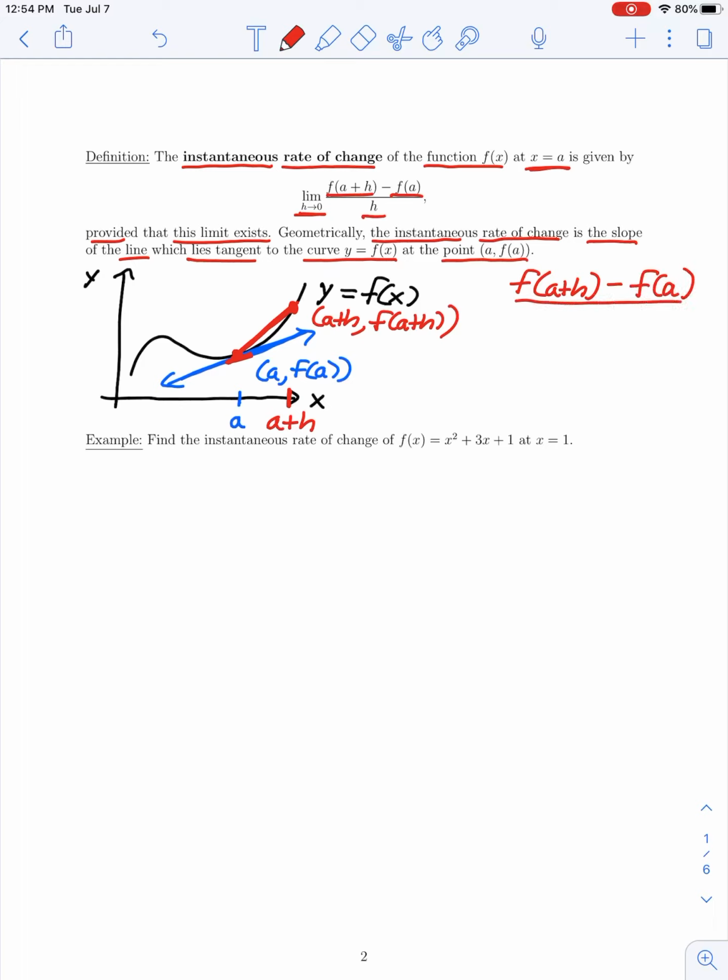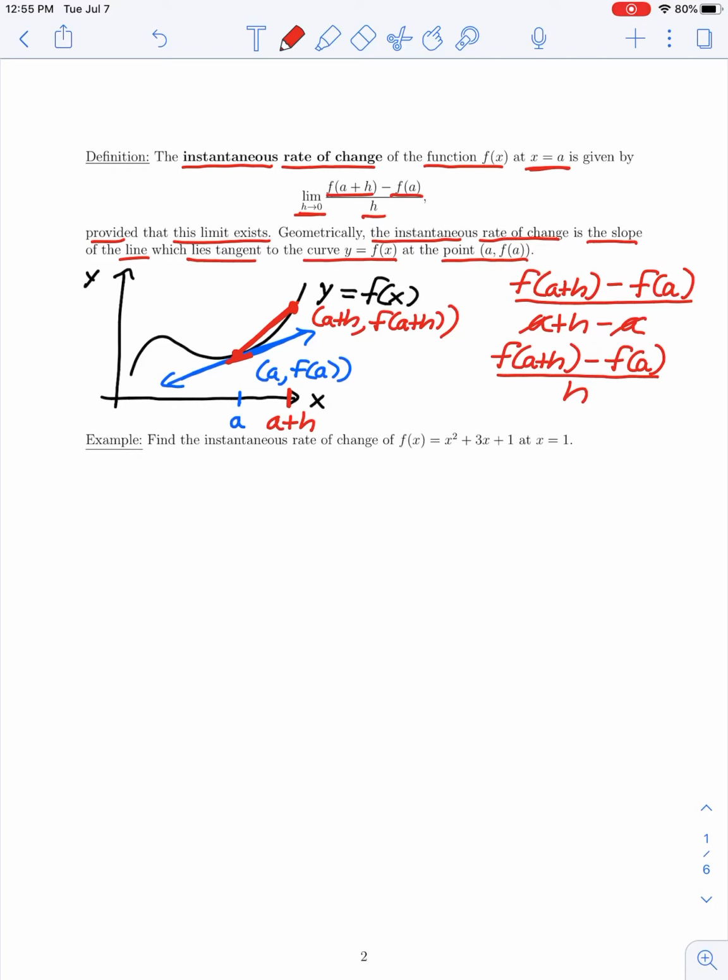And then we divide by the difference in our x values, which were a plus h and a. So in our denominator, we see that this plus minus a term cancel, and we're left with f of a plus h minus f of a all over just h. So that gives me the slope of my line shown in red here.